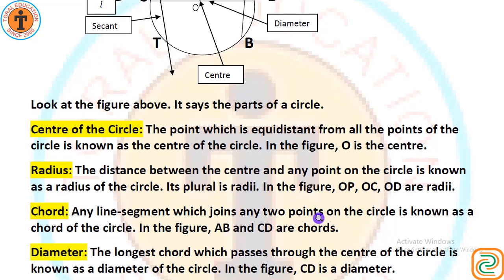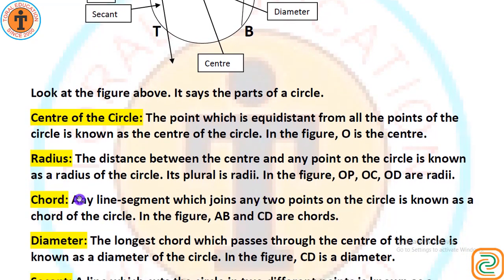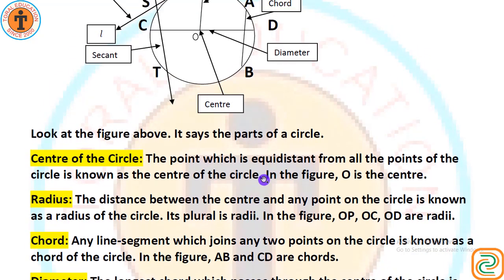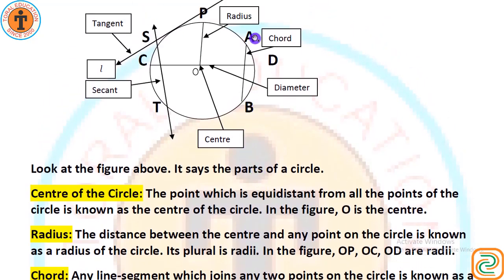Chord. Any line segment which joins any two points on the circle is known as a chord of the circle. Look at the line segment AB. A and B are on the circle, and I have joined A to B. Therefore, AB is a chord.